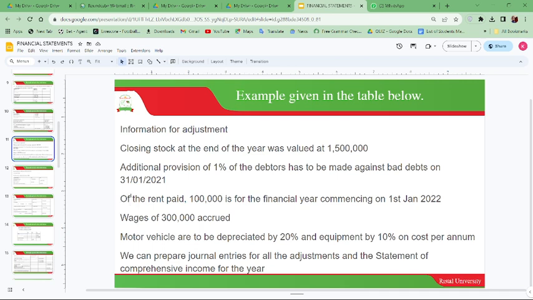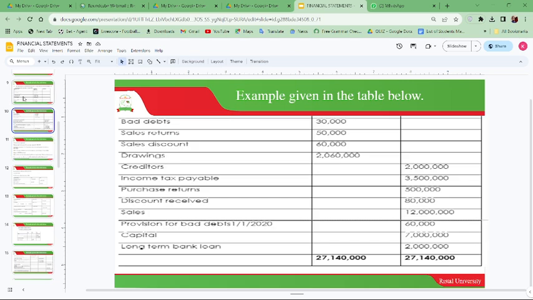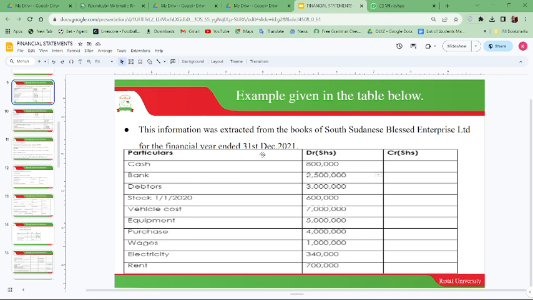So we will look at another additional information, of the rent paid. 100,000 is for the financial year commencing this. Remember in our question, the month was December 2021.